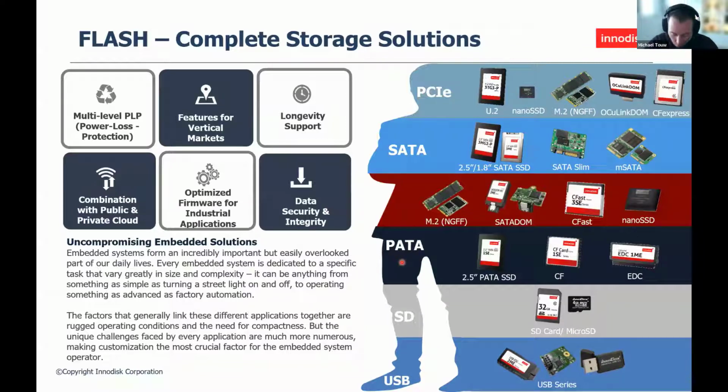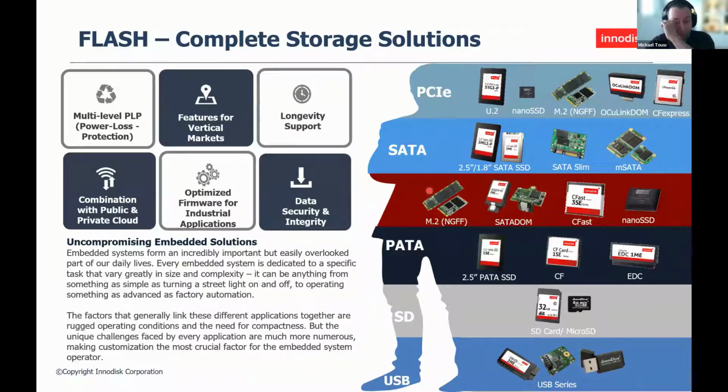And why would we still offer PATA solutions? In the industrial sector, there's a lot of people that have projects running that use old legacy stuff. And with these solutions that we have, we offer them a replacement in the form of an SSD or a compact flash card or an EDC solution.